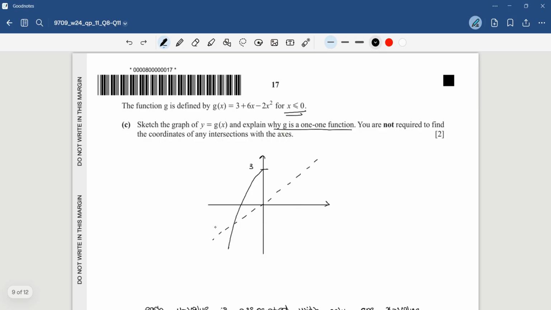It's better for me to draw the line first. Here will be 3, and the y-axis will become the x-axis. This will be y equal to x, this will be y equal to g inverse x, and this will be y equal to g(x).